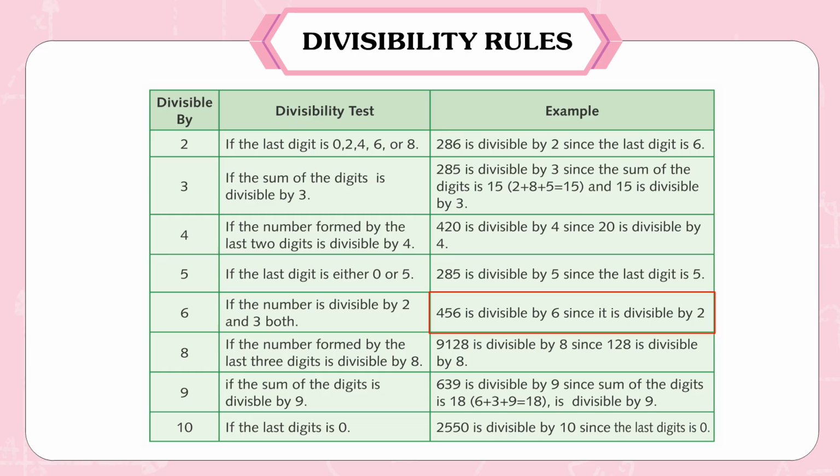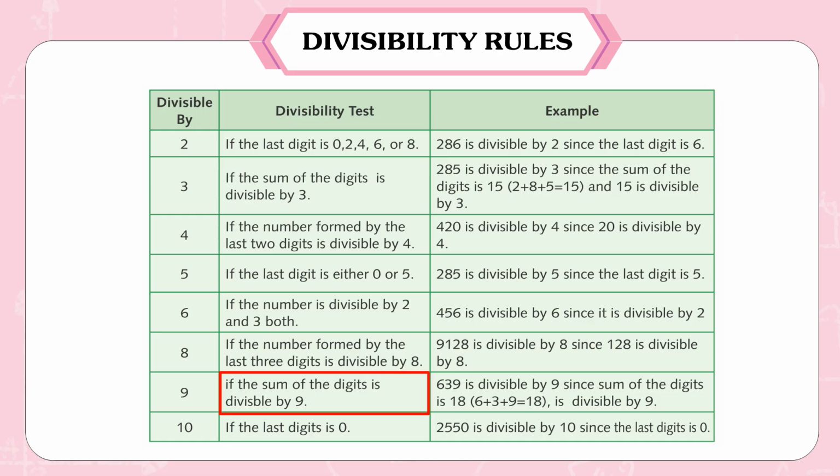Example: 456 is divisible by 6 since it is divisible by 2. 8: If the number formed by the last three digits is divisible by 8. Example: 9128 is divisible by 8 since 128 is divisible by 8.